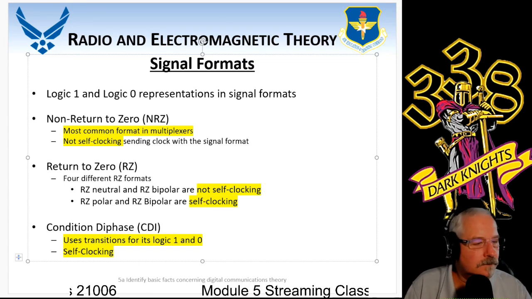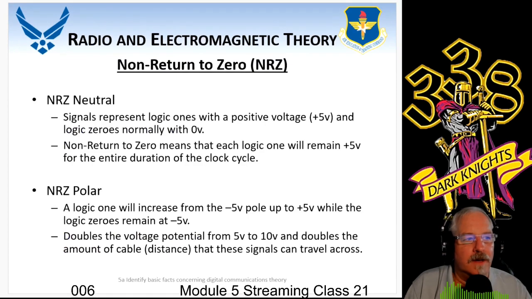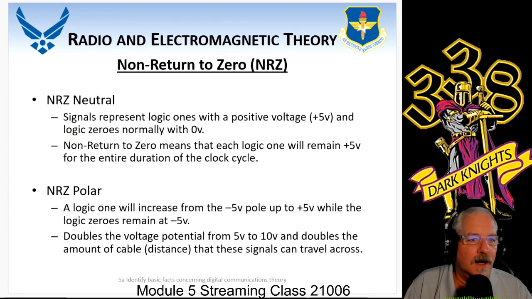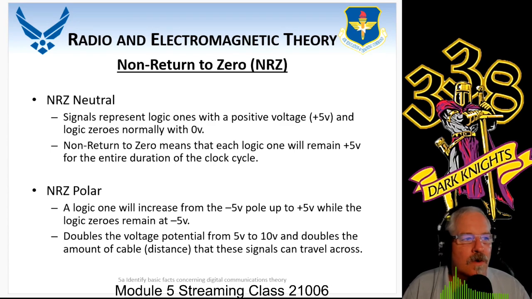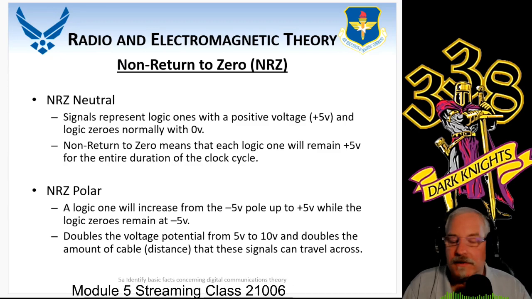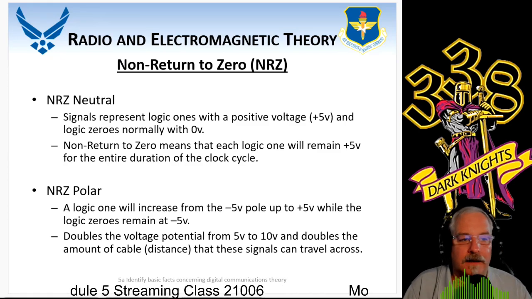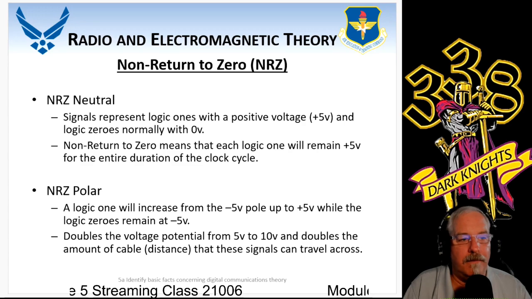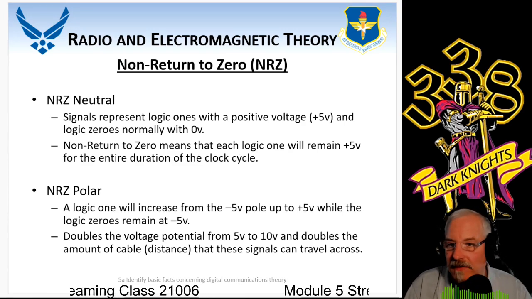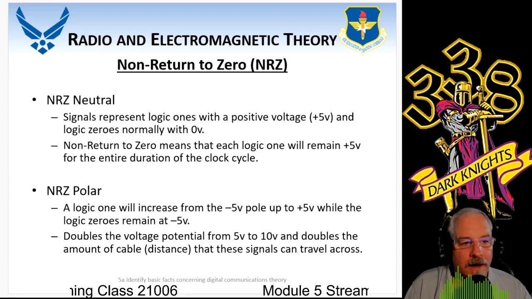Okay? And we go through each one of these. NRZ neutral, those are 5-volt differences. 5 volts is a logic 1, a 0 is a 0. Polar, same thing. There is the -5 to +5. -5 is a 0, +5 is a 1.